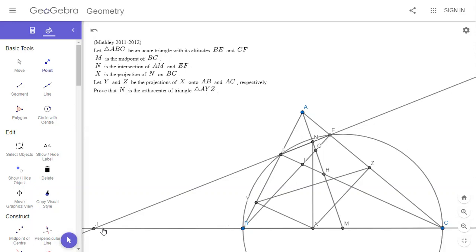So basically, BJ is equal to BC, right? No. What am I thinking? Oh, no, because that's not a point of concurrency. Never mind.